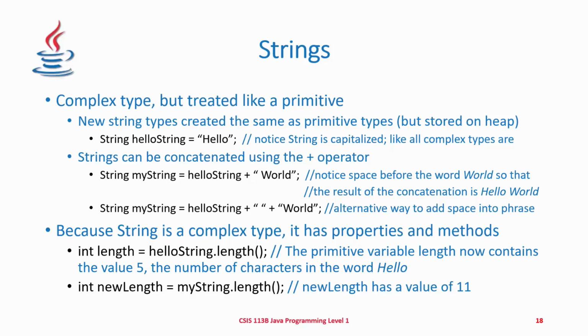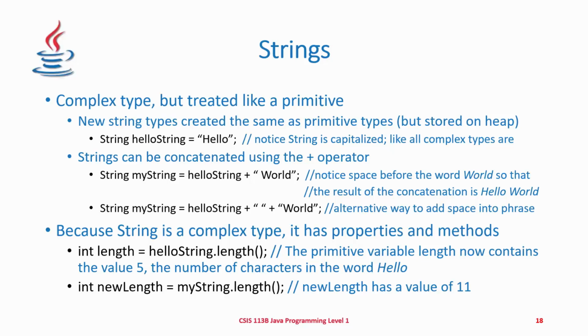So our string is helloString. We want to calculate how many characters are in that string, so we use dot notation here. So the name of the variable, helloString, dot, and then the method, which is going to calculate the number of characters. So the actual value is 5 that is being returned back to that length variable, being assigned, I should say, to that length variable, because hello has 5 characters in it.